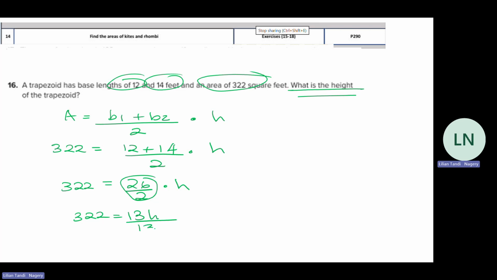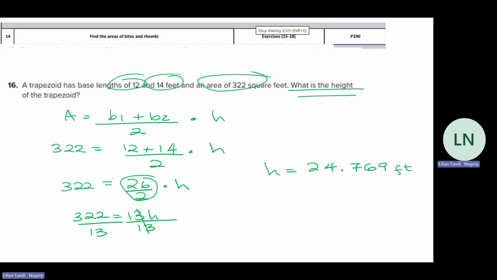Then I divide both sides by 13. This goes away, and I should get h equals 24.769 feet. Now, it didn't tell me how to round, so I'm going to leave it like this.